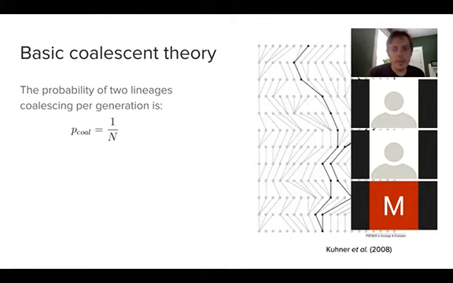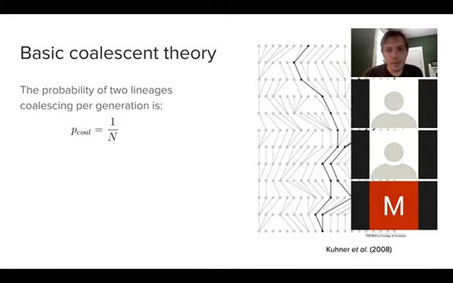So when we first started thinking about these backwards in time coalescent processes, we weren't too worried about the complexities of the population dynamics going on in the epidemic. We started out by thinking about very simple population genetic models like the Wright-Fisher model.